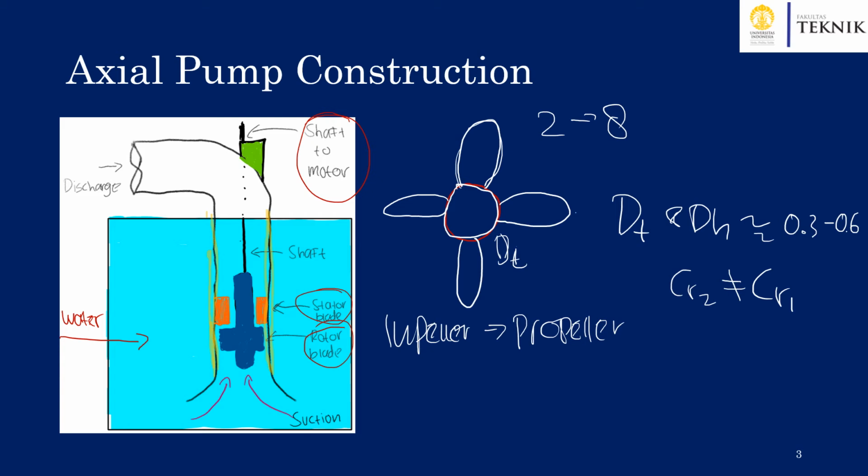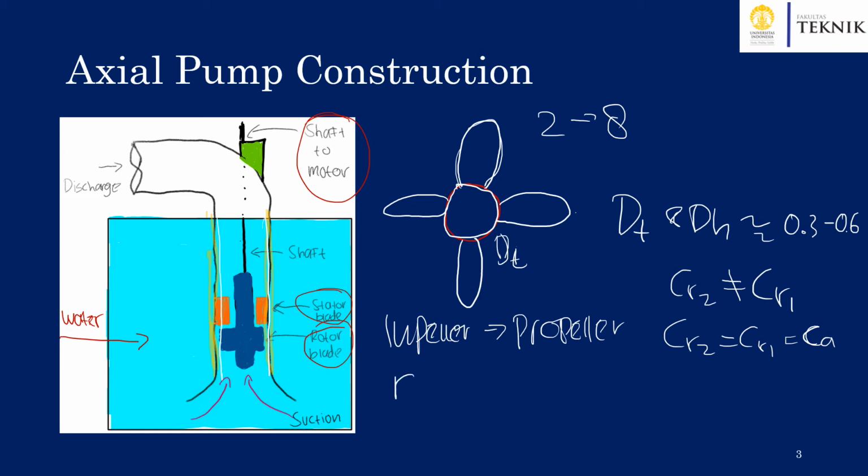However, in an axial pump, CR2 is equal to CR1, since the flow area remains constant along the pump system. So CR2 equals CR1, or we can simply call it the axial velocity, CA. This is due to the area not changing.